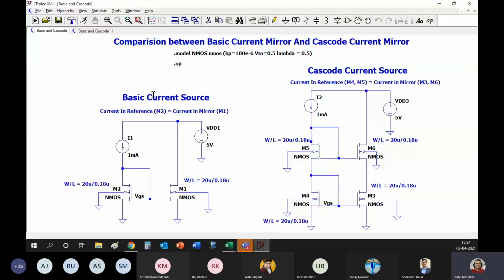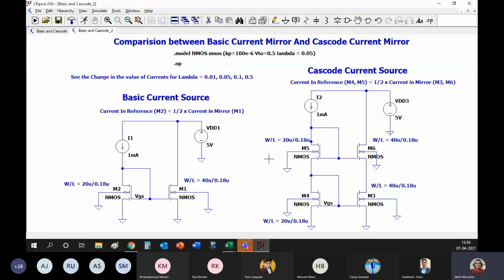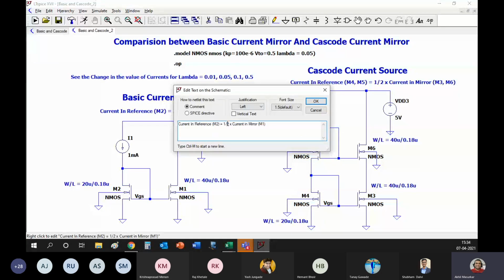And here the objective is now, this is what we want to do now: that current in reference should be double of current in mirror.